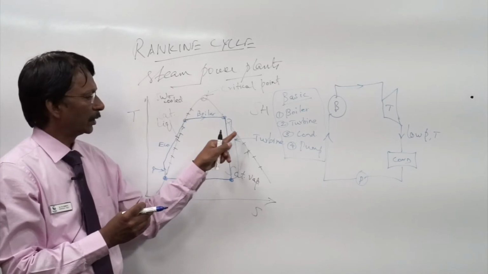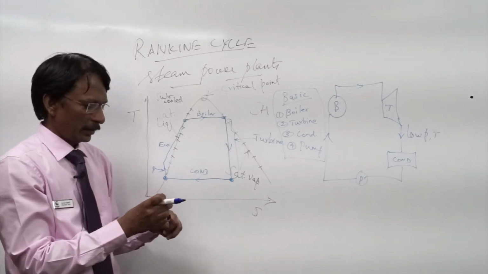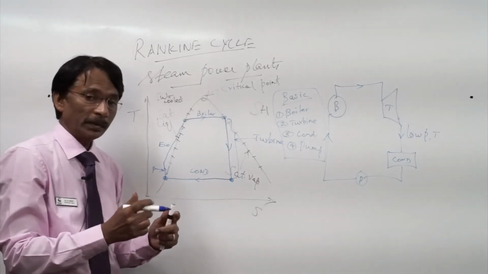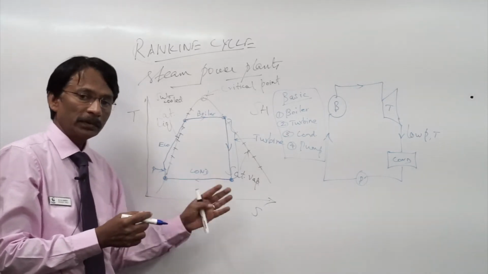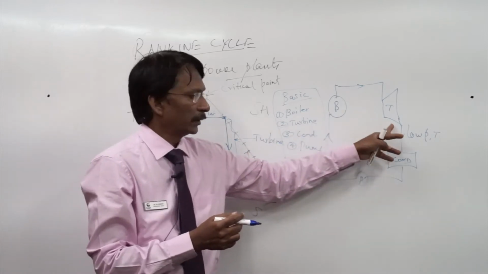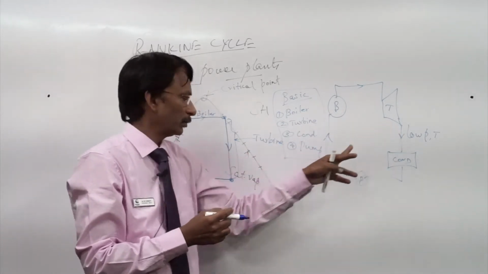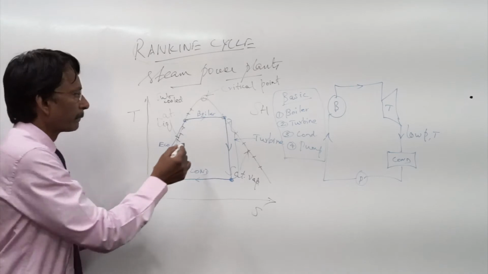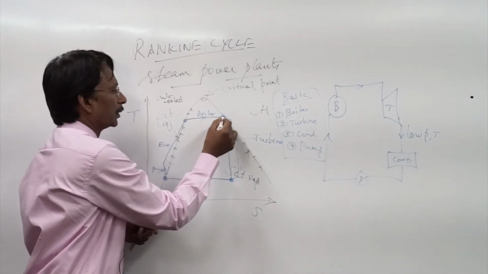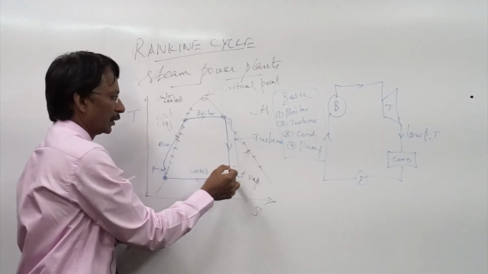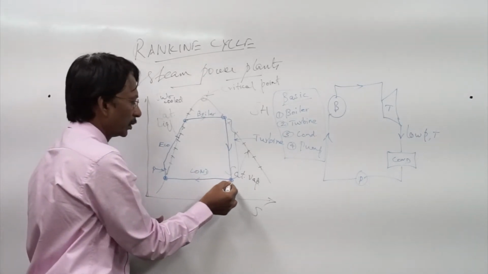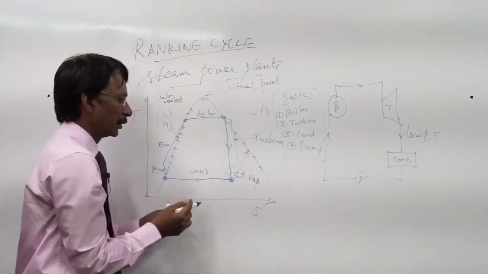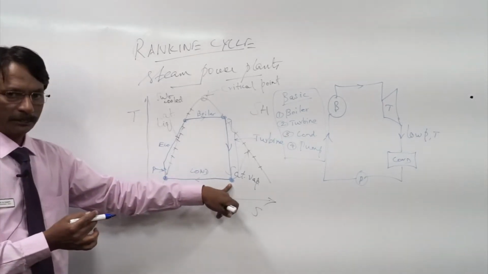Look at the turbine work. The job of a mechanical engineer is to ensure maximum work is extracted in the turbine. Now, look at this. Saturated vapor is expanded in the turbine and we end up in a wet state.